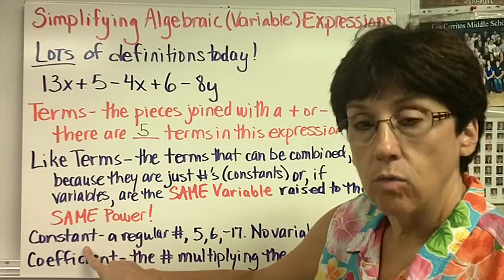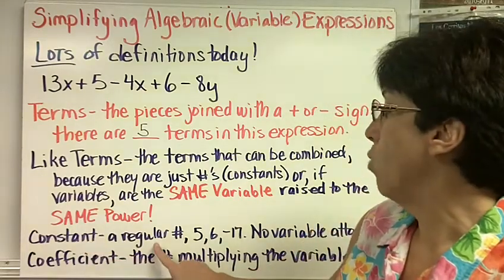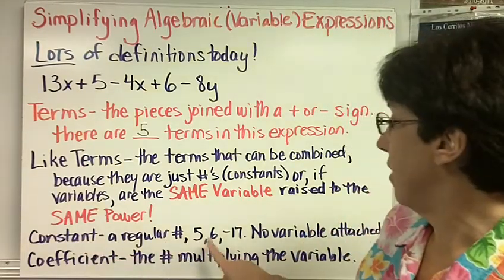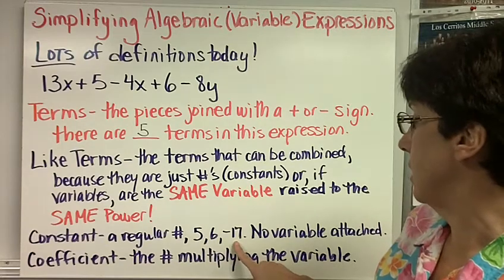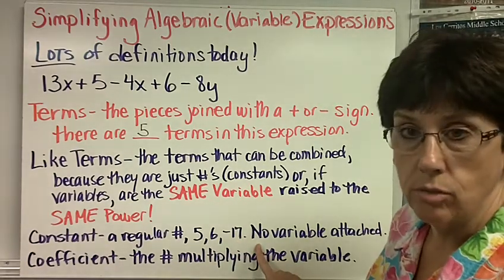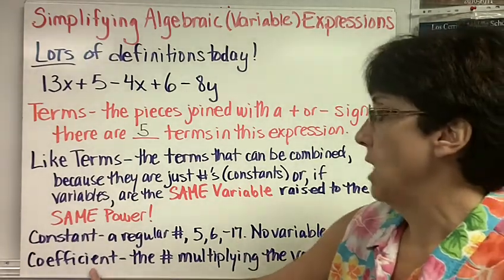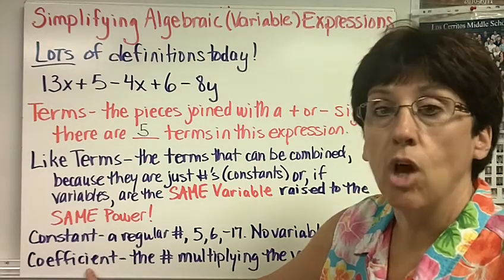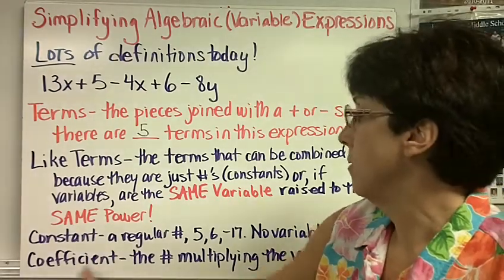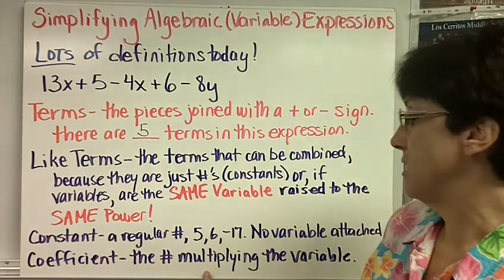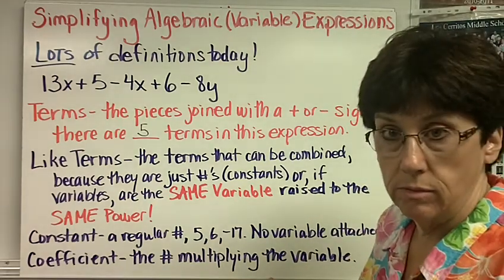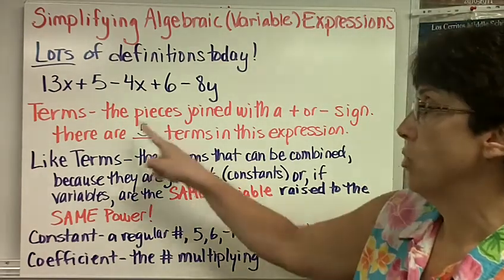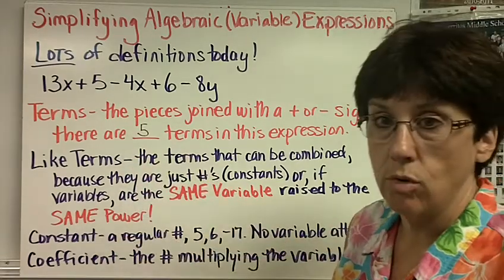Constant, write this down. A regular number, 5, 6, negative 17, there's no variable attached to it. And the last one I want you to write down is coefficient. The number that's multiplying the variable. Okay? So you have terms, like terms, constants, and coefficients.